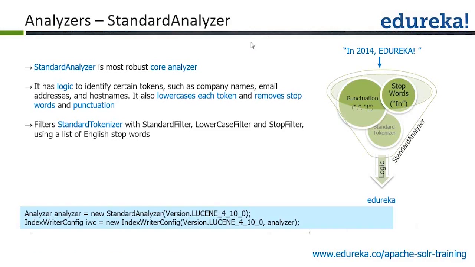First, it also uses a lowercase filter and also uses a stop filter. For example, by default it has some stop words, all the common words like in, a, the, and. All those common words will be filtered. In the simple analyzer, the stop filter was not used.